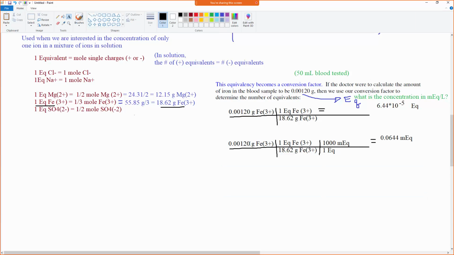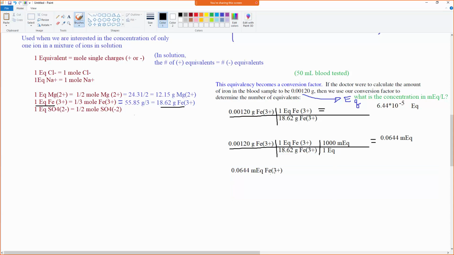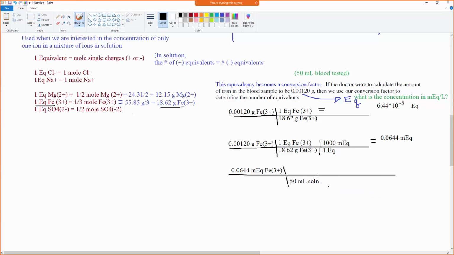We could just start from where we were, 0.0644 milliequivalents, Fe3 plus. And then we are going to say, I want my amount of solution on the bottom, which was 50 milliliters of blood solution. But they wanted liters on the bottom.